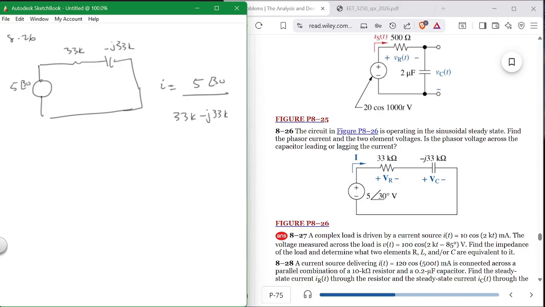Okay, option 1 down, answer. Okay, so this is equal to 0.107 at angle 75, okay.